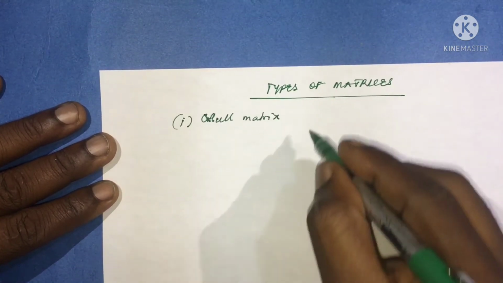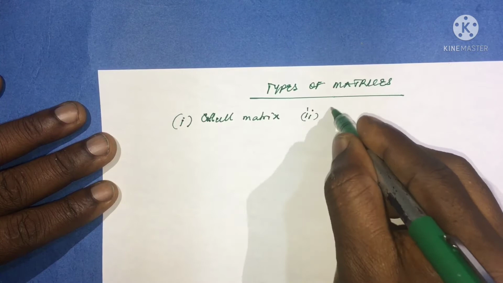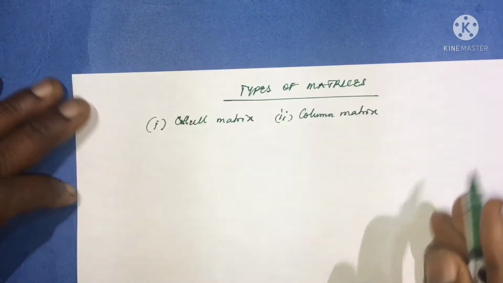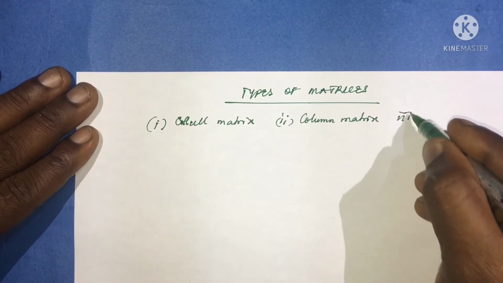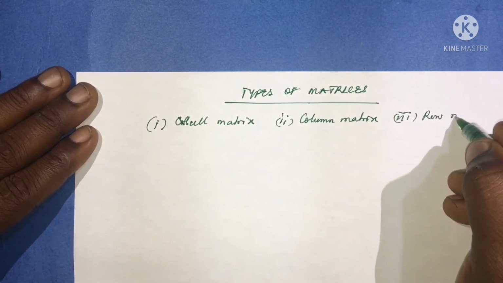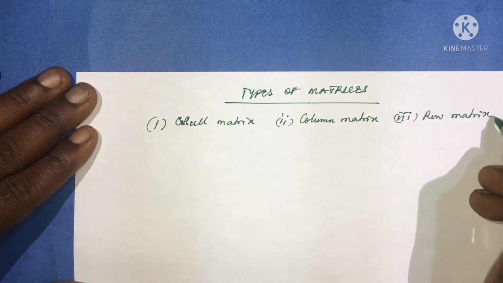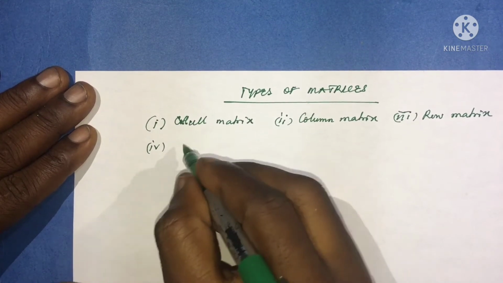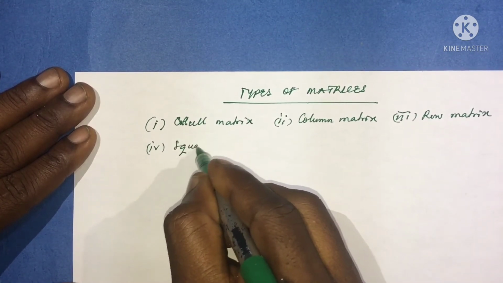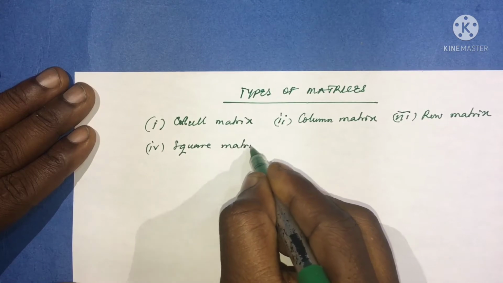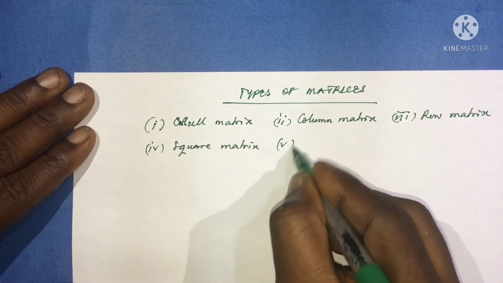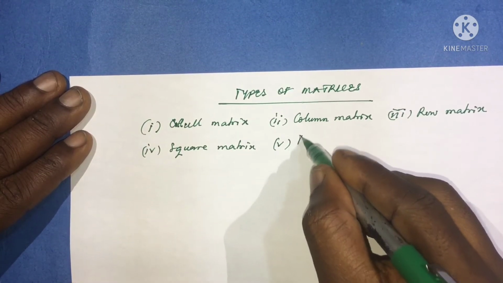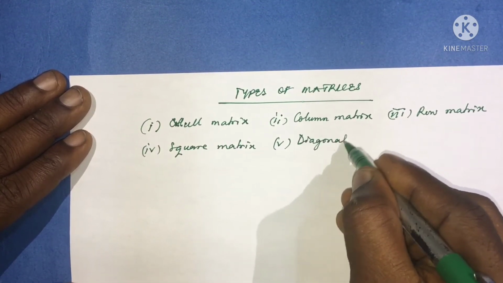Number 2, we have also the column matrix. Number 3, we have what is called the row matrix. Number 4, we have what is called the square matrix, like I mentioned earlier. Number 5, we have what is called the diagonal matrix.